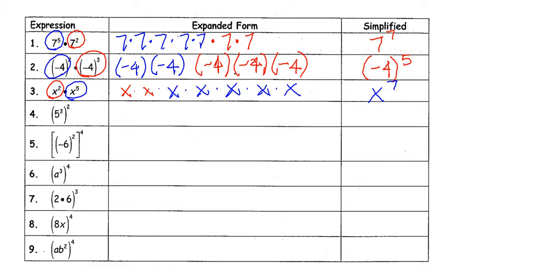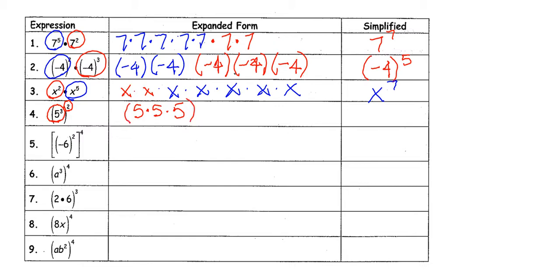Now here, this looks a little bit different for number 4. On the inside of the parentheses, parentheses always come first, we have 5 to the 3rd power. Okay, so that means 5 times 5 times 5. And this 2 on the outside is telling us we're going to write 5 times 5 times 5 twice.